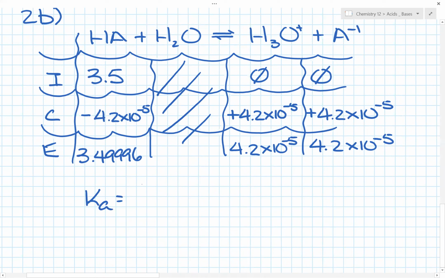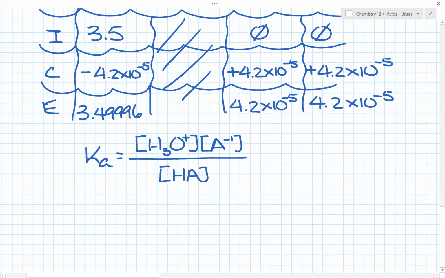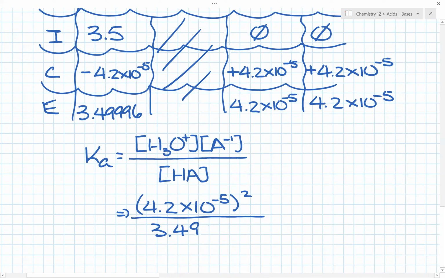Ka is equal to concentration of H3O plus, concentration of A minus 1, all over concentration of HA. So what you have is, in this case, 4.2 times 10 to the negative 5, all squared, over 3.49996.